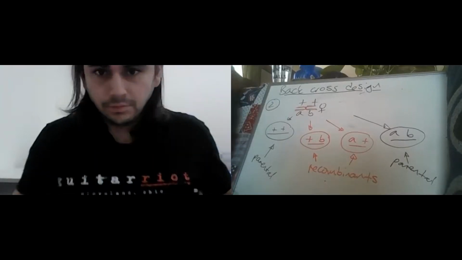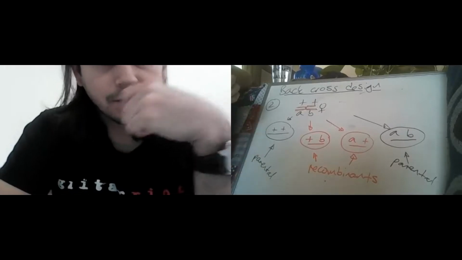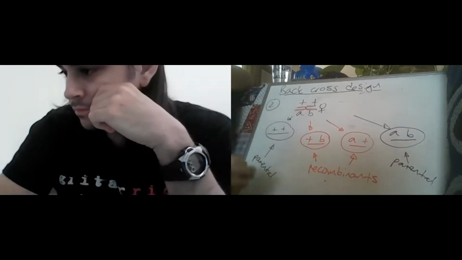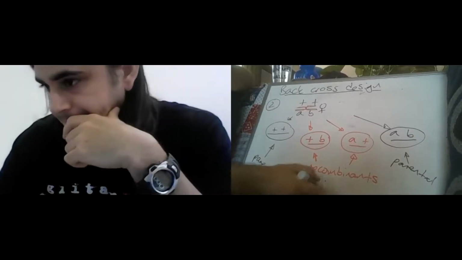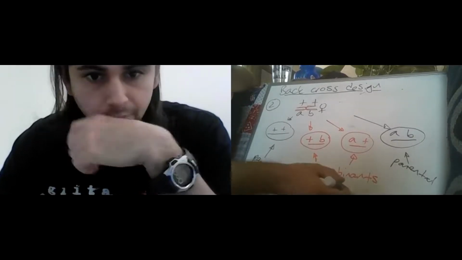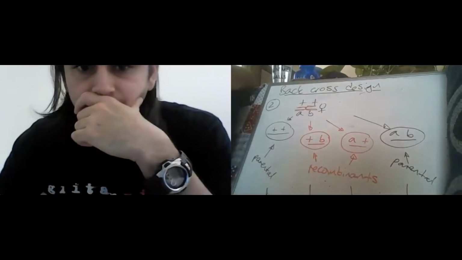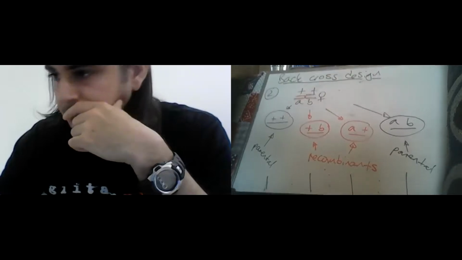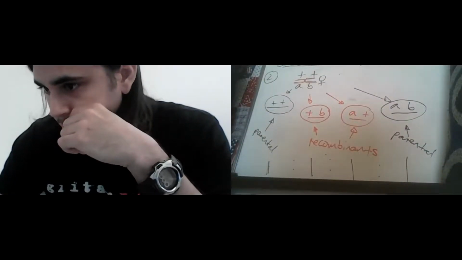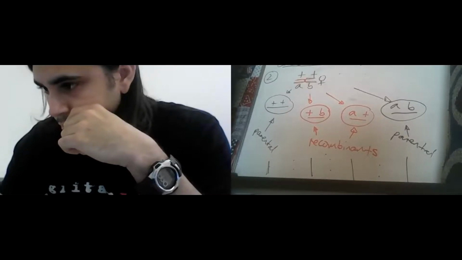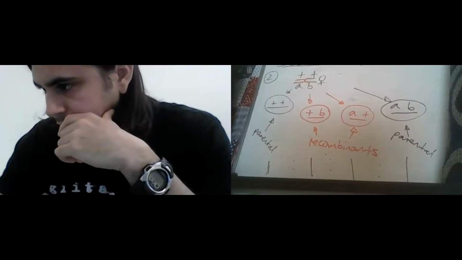And if recombination occurs every time, what you should get is a 1-to-1 ratio.